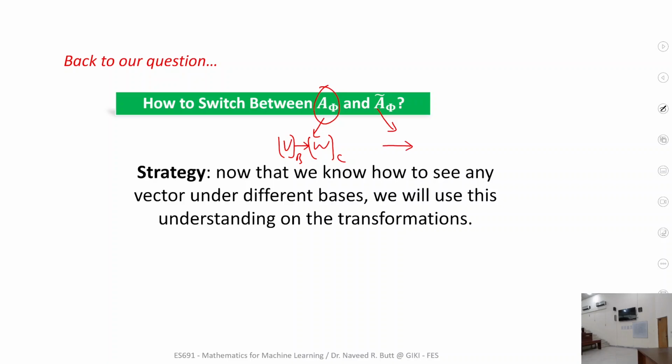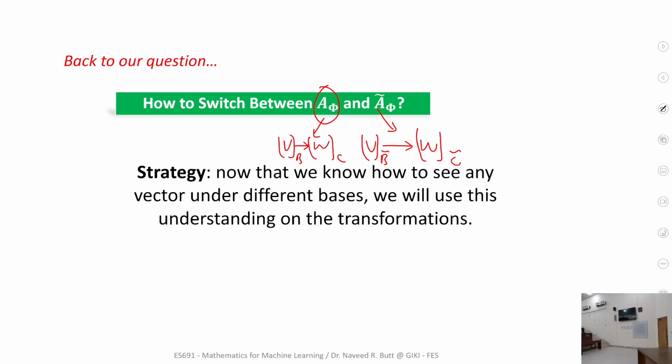What would the transition matrix have been if V had instead been written in some other basis and W also had been written in some other basis? पूरा general कर दिया, ठीक है.